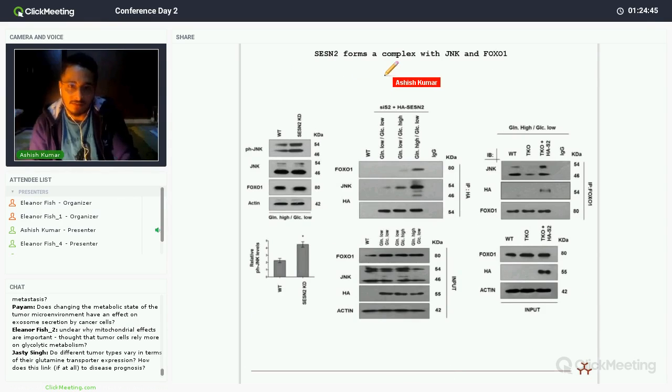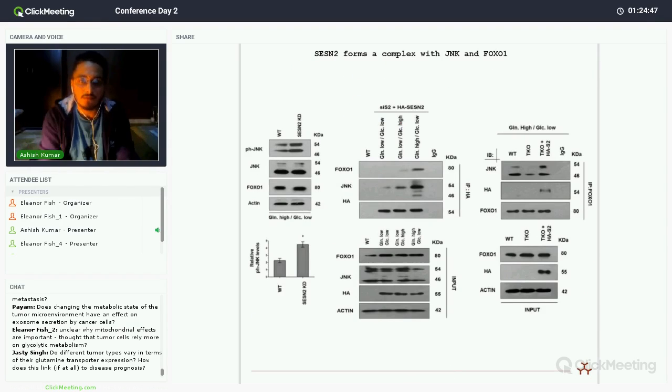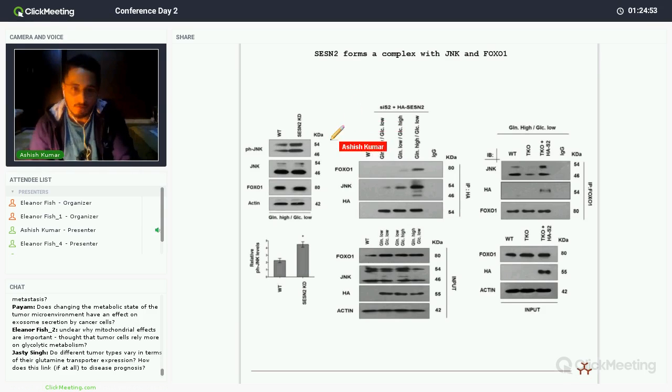Further, we asked how Sestrin2 can influence both JNK and FOXO1. We found that Sestrin2 inhibition can increase the phosphorylation status of JNK1, that is hyperactivation.